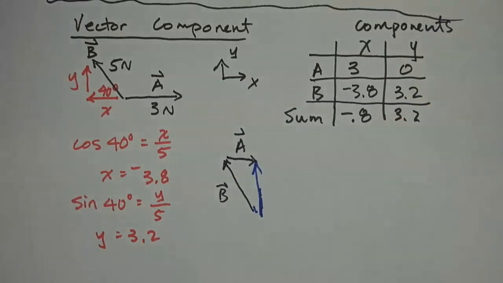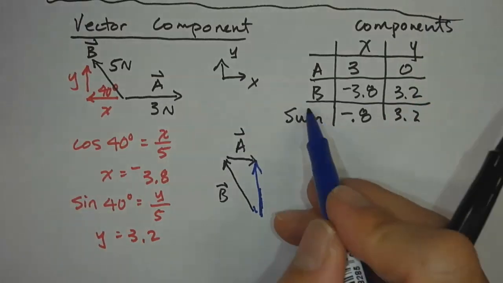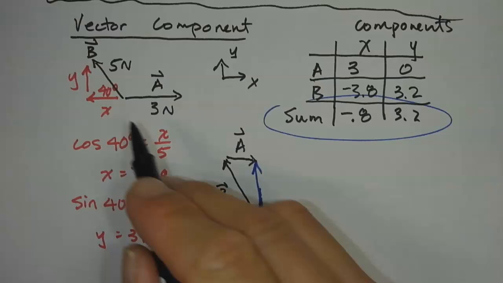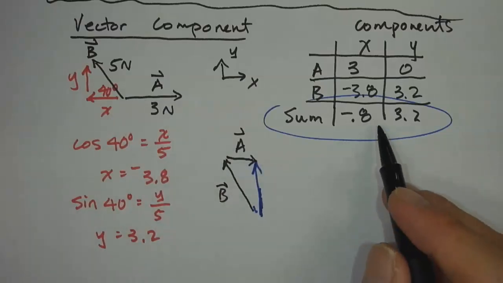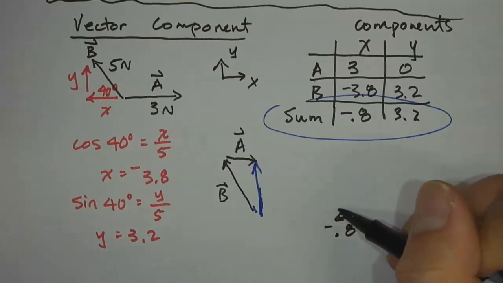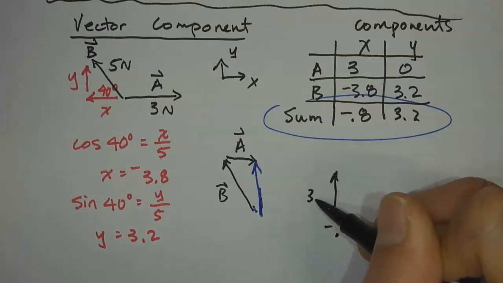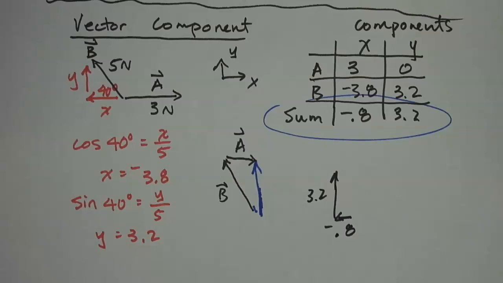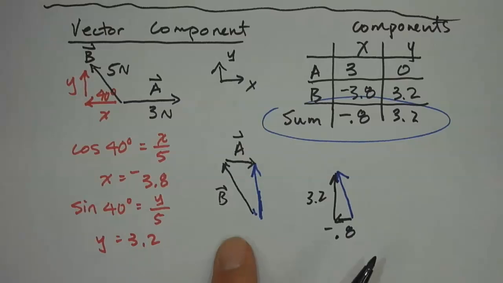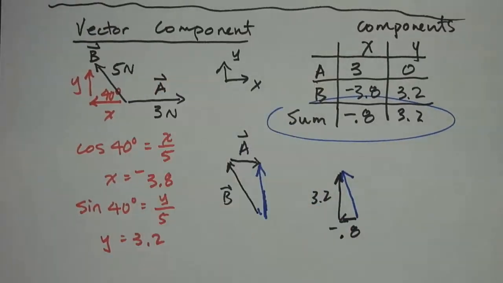Or I could just use what I calculated over here, which is that if you add these two up, you get a resultant with these components. So this is negative 0.8 newtons, and then go up 3.2, and you're going to get the same resultant. So you can use the tip to tail, or you can use the vector components.